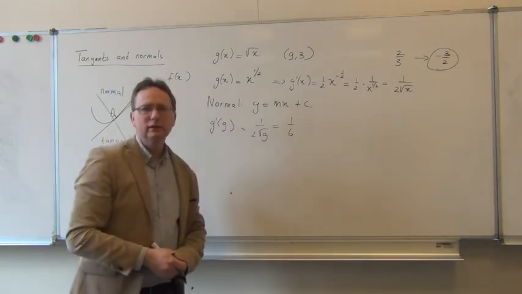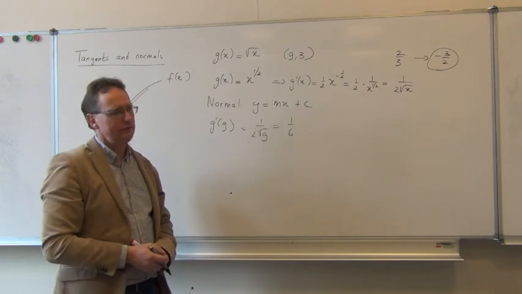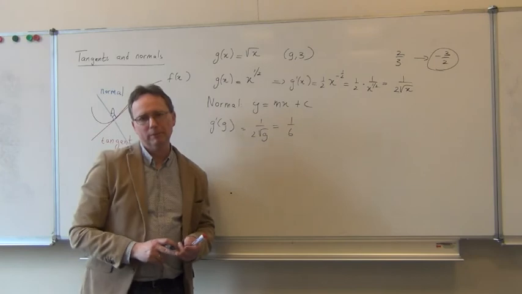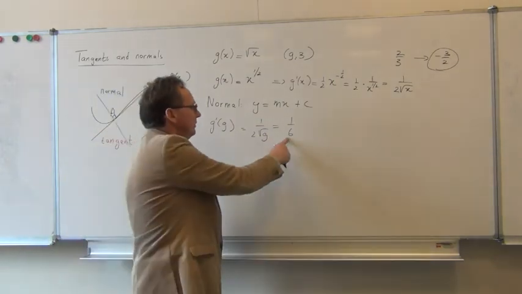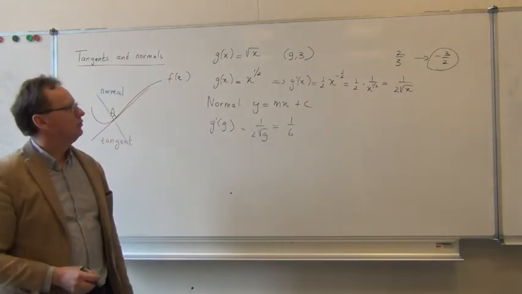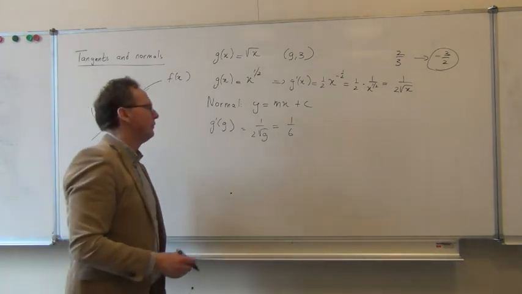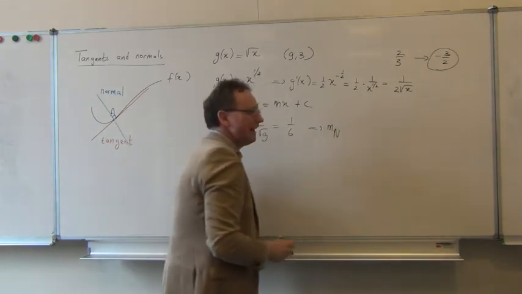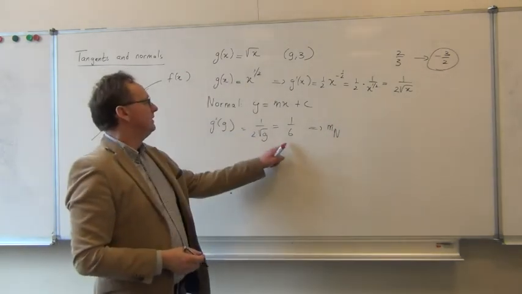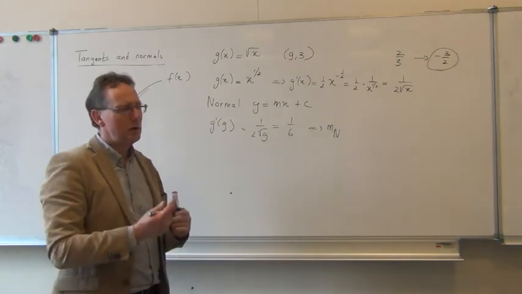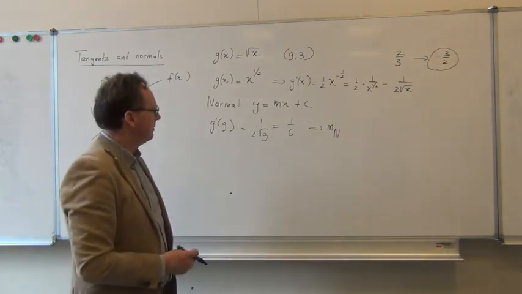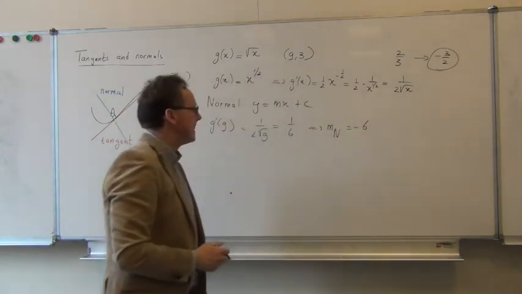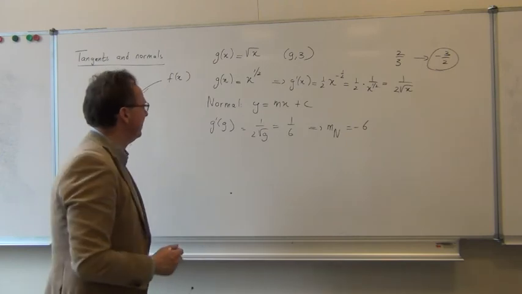So that will be the slope of the curve at that point. But that's not the normal, because this actually gives the slope of the tangent. So now we can use the rule we discussed earlier. Therefore the slope of the normal will be the negative reciprocal, so it will be minus 6. For 1 over 6, you first take the reciprocal, which is 6, and then it becomes minus 6 as the slope of the normal.